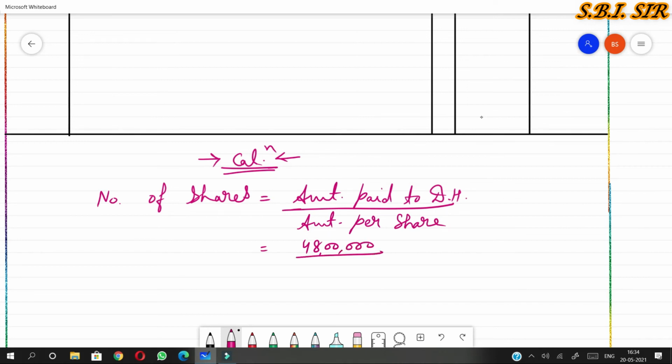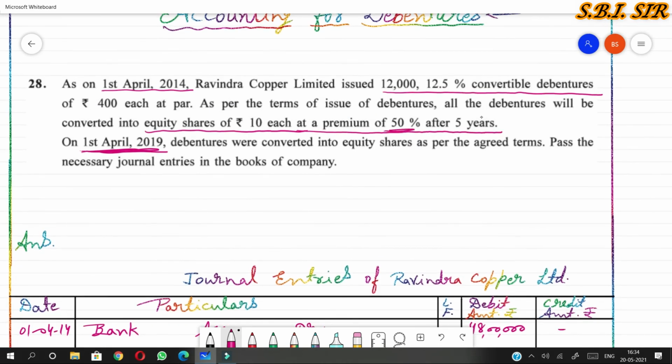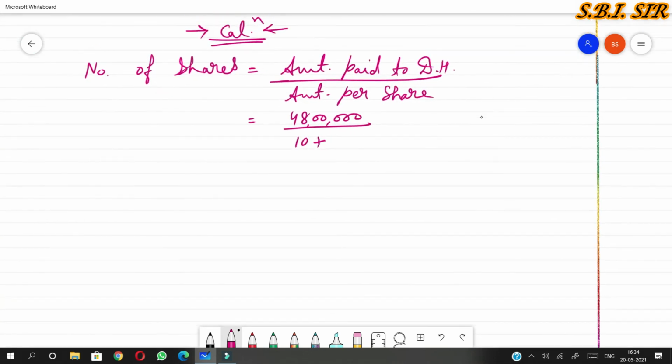Here the amount per share is 10 rupees per equity share and 50 percent is premium. So 10 rupees, 50 percent will be 5 rupees. So 48 lakh divided by 15 rupees, we will get 3,20,000. So the number of shares is 3,20,000.